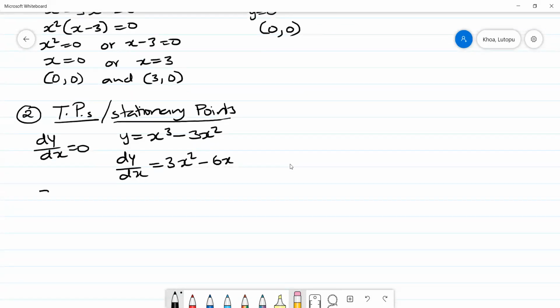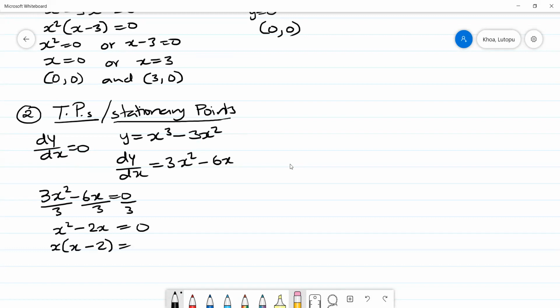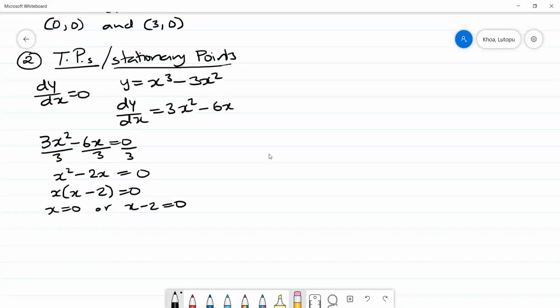So we say 3x squared minus 6x is equal to 0. We divide everything by 3. We have x squared minus 2x equal to 0. Then we see x is a common factor. So x is 0 or x minus 2 is 0, which means x is equal to 2.